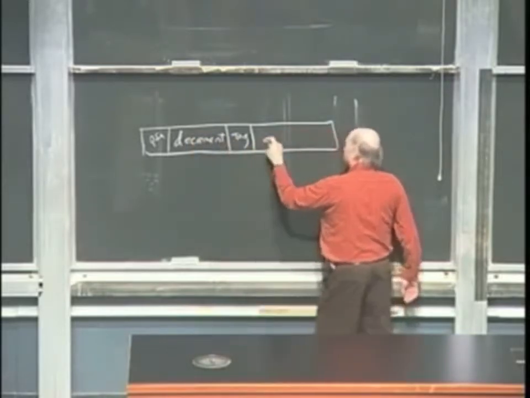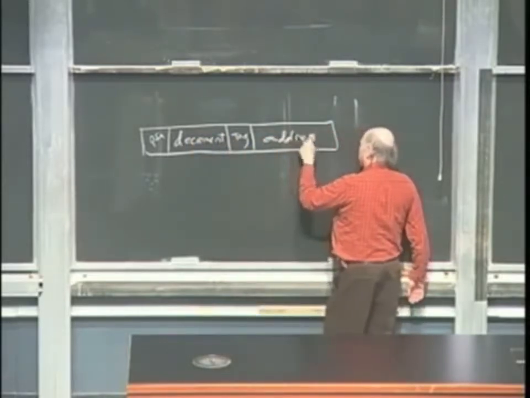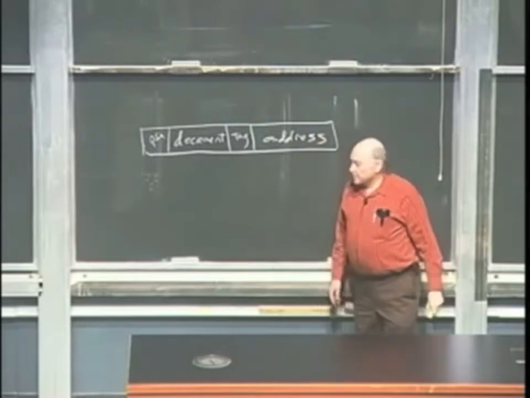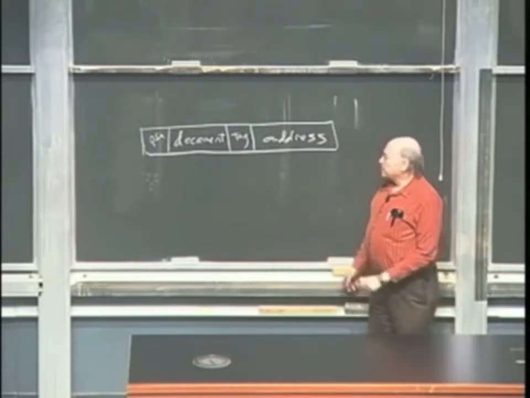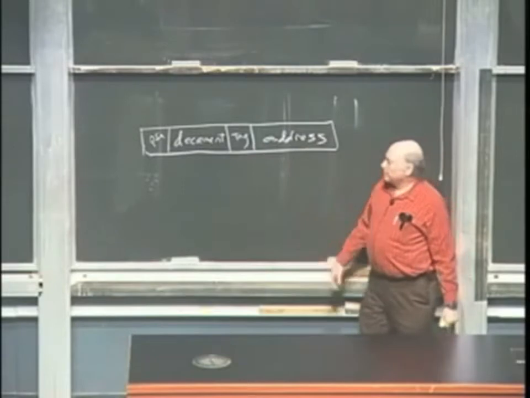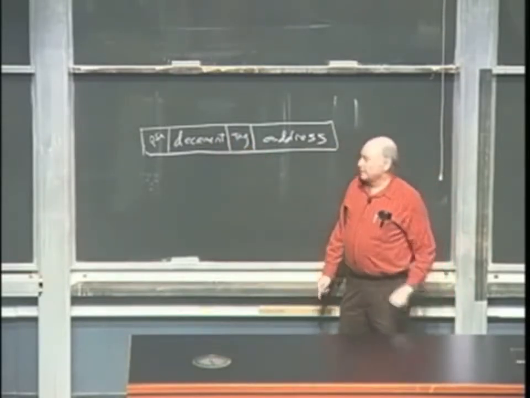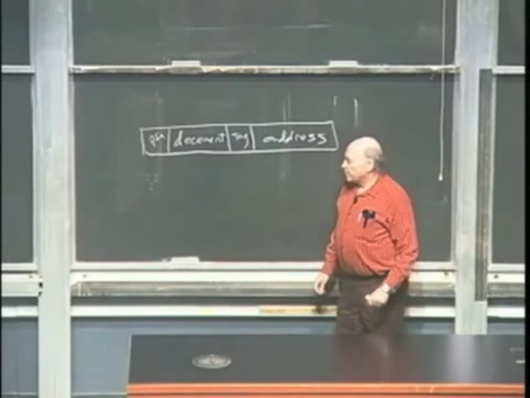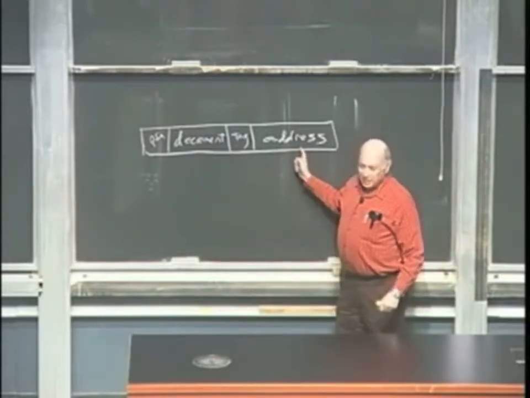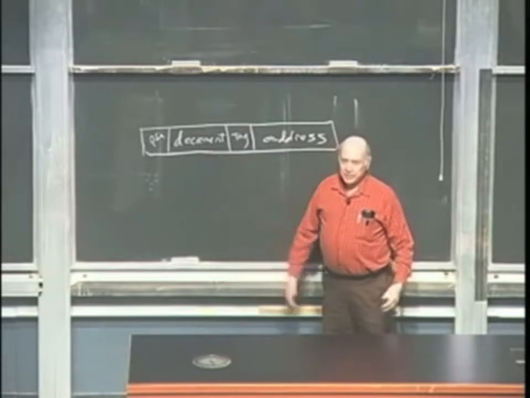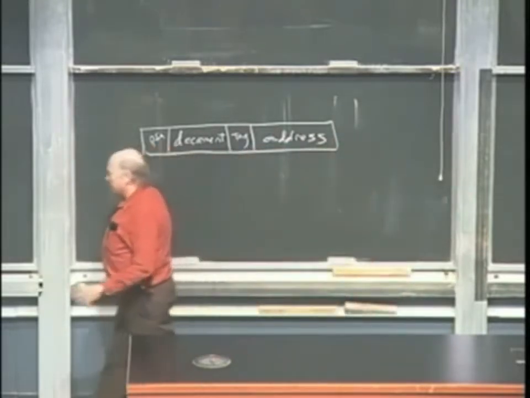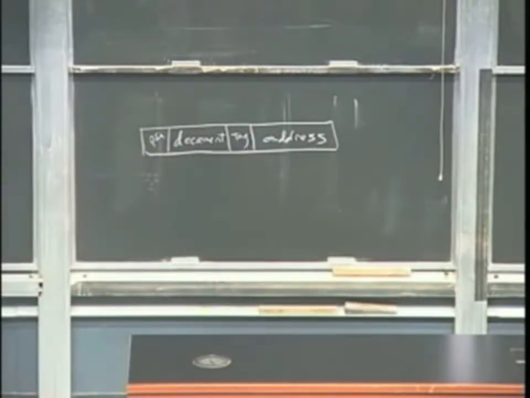And this one was called the address. So those names stand for the contents of the address part of the register and the contents of the decrement part of the register. The one on the left is the car, and the one on the right is the cdr. Don't ask me why. It's before my time.